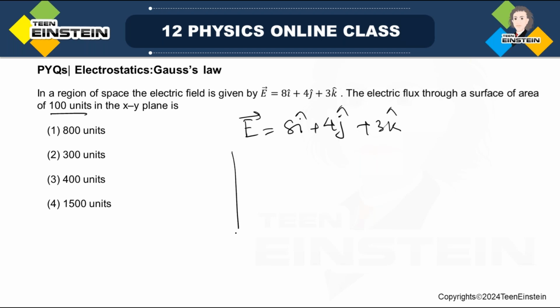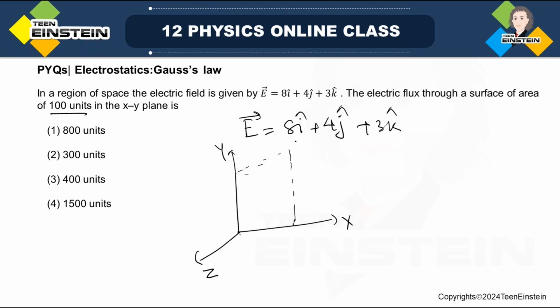Suppose I have this XY plane. This is the XY plane. Suppose this is Z, this is Y, this is X. Now, how does the electric flux through a surface area go?